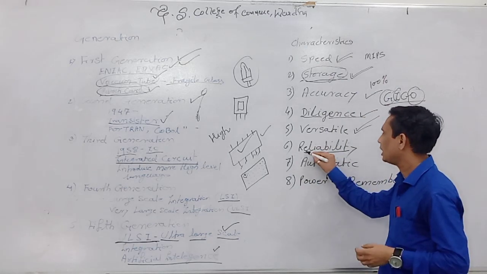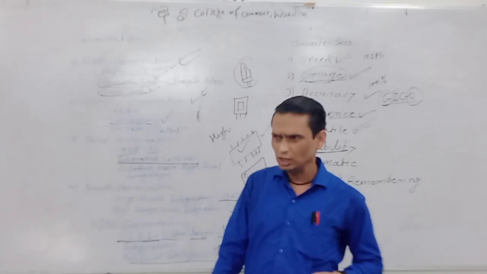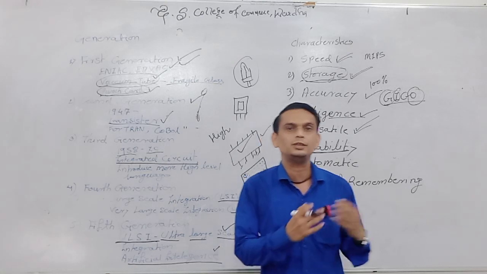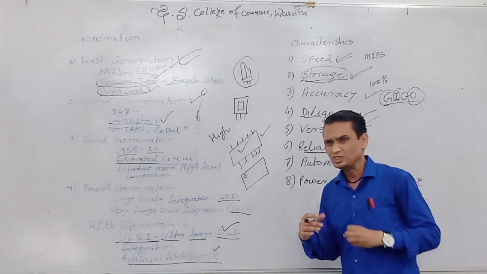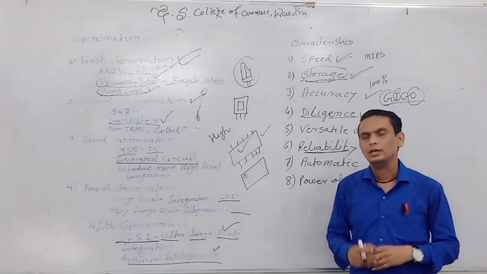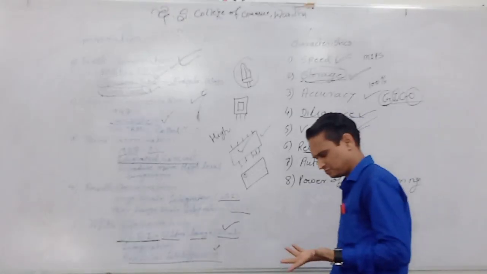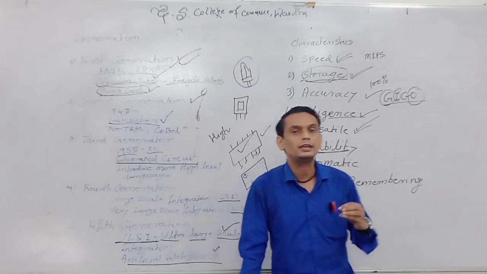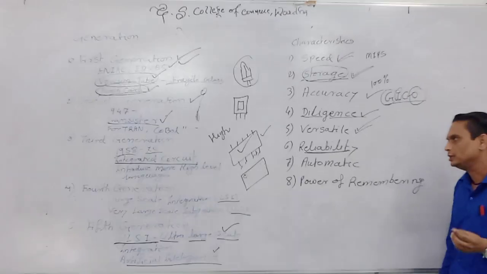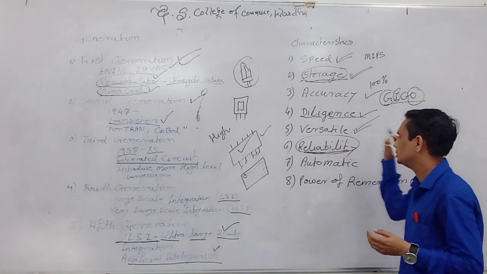If we provide unprocessed data to the computer, it will produce the output for us. Also, when we purchase a computer, it can work for years, not for months or days. Therefore, we can rely on that computer system.